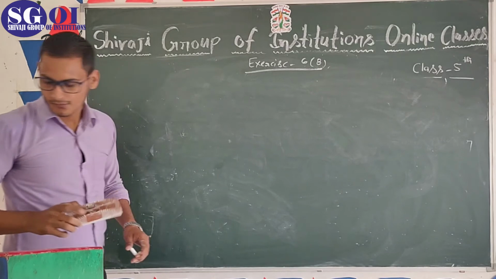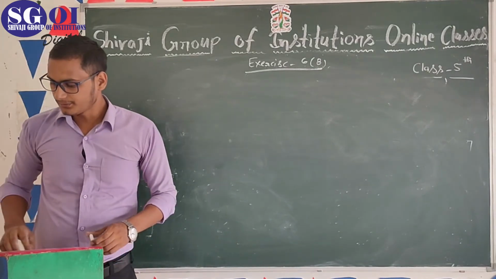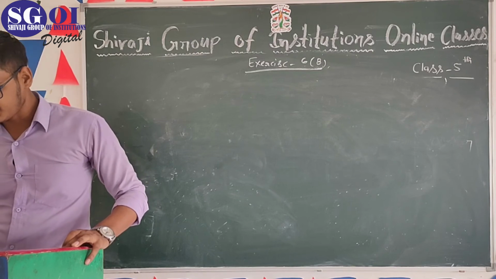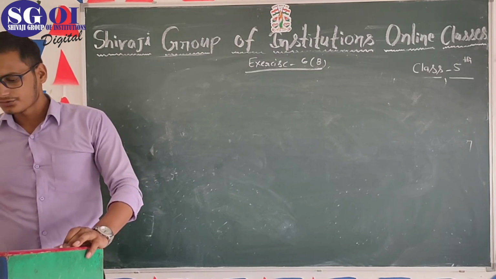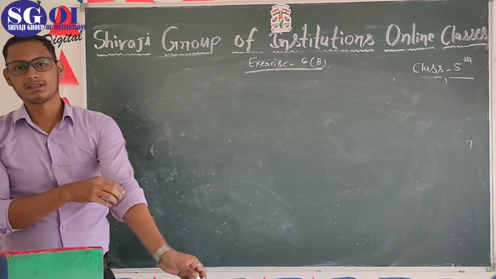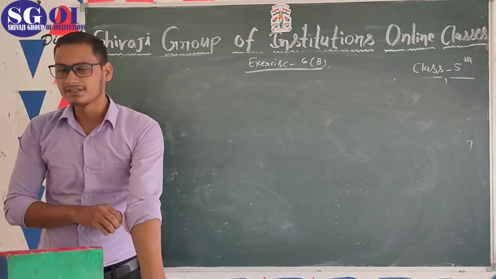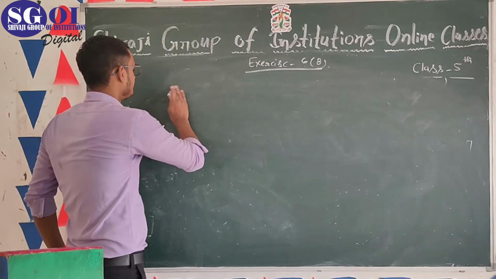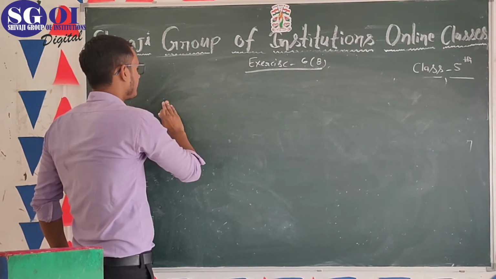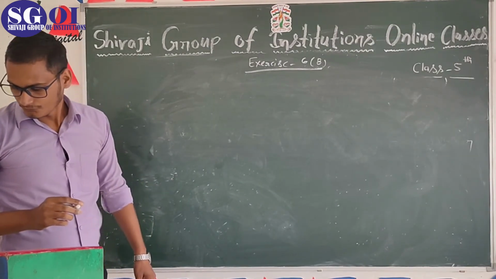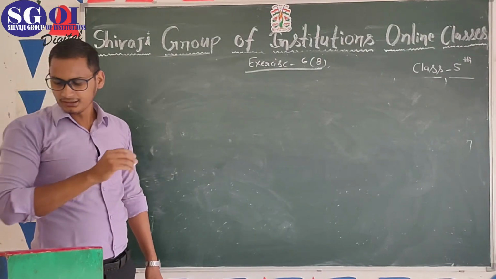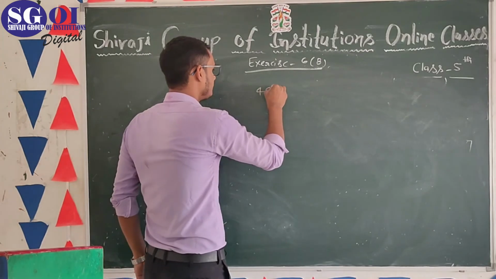Next. Question number 10. Which of the following pairs are co-prime? Okay, co-prime numbers are a pair of two numbers which have no common factor. So we have to find the pairs of co-prime numbers. Part A. 49 and 81.